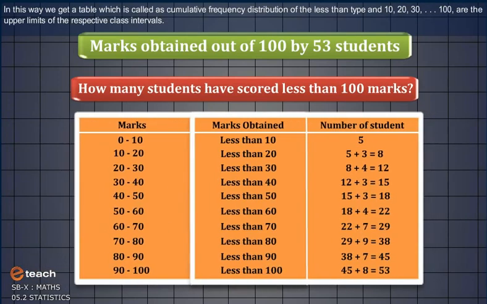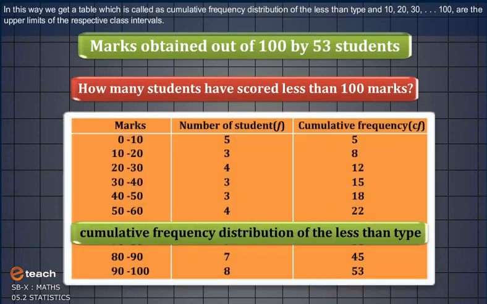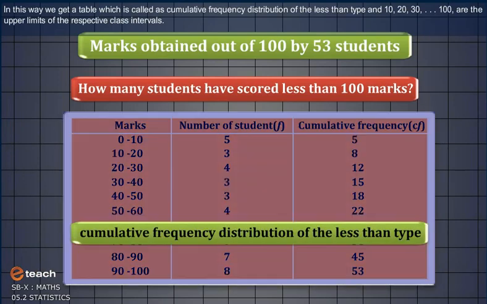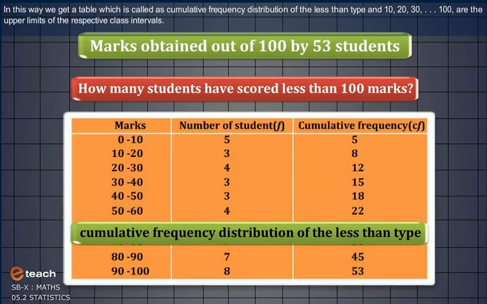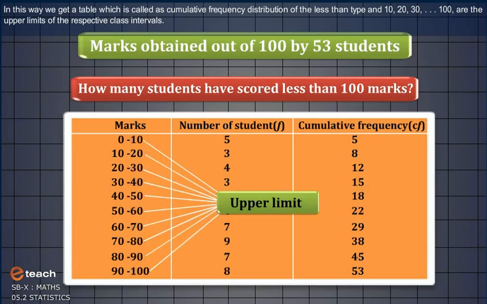In this way, we get a table which is called the cumulative frequency distribution of the less than type, and 10, 20, 30 to 100 are the upper limits of the respective class intervals.